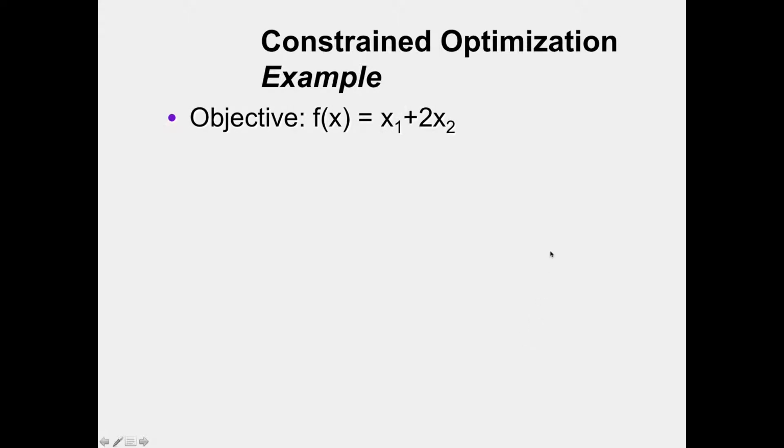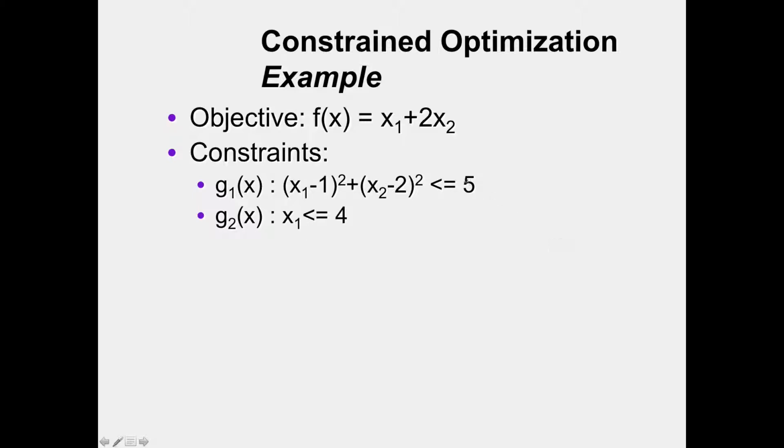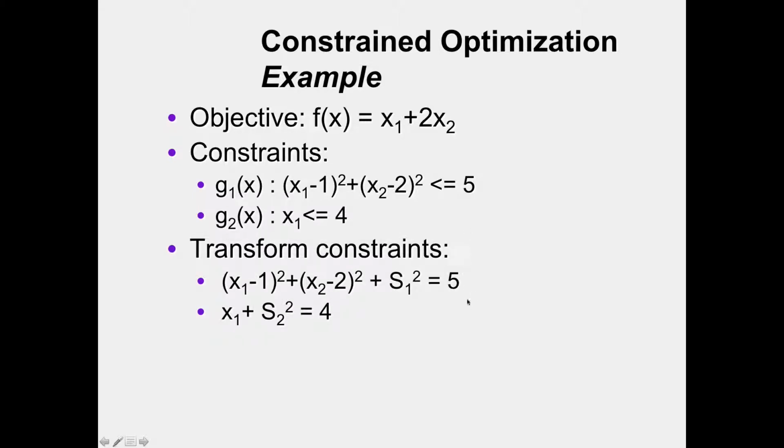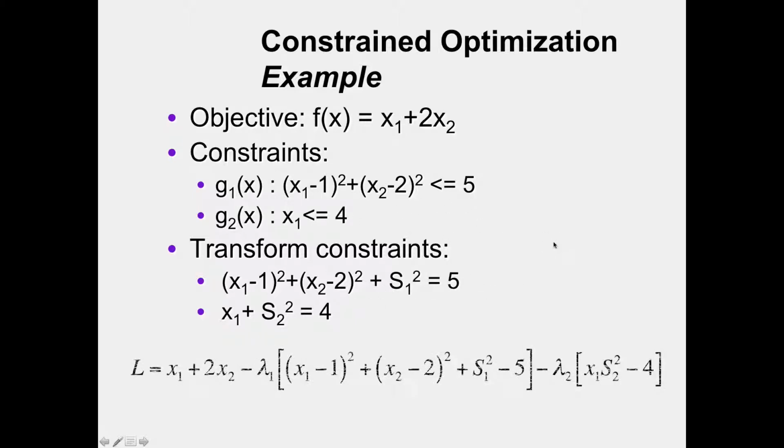So let's do an example. This isn't as straightforward as the other one. So let's say I have a couple of constraints here. And I'm going to transform them. The first step is to transform the constraints. So I'll add these s1 and s2 squared quantities, so they're equal to the constant terms.